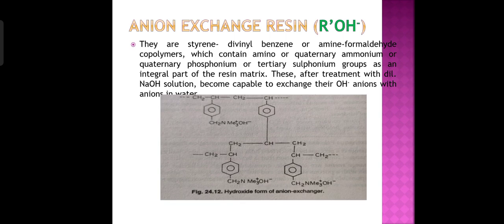These, after treatment with dilute NaOH solution, become capable of exchanging their OH ions with anions in the water. This is the structure of the hydroxide form of anion exchangers. It has the exchanging capacity of OH minus. So the OH minus are exchanged, and this type of exchanger is known as anion exchanger, generally represented as R-OH minus.